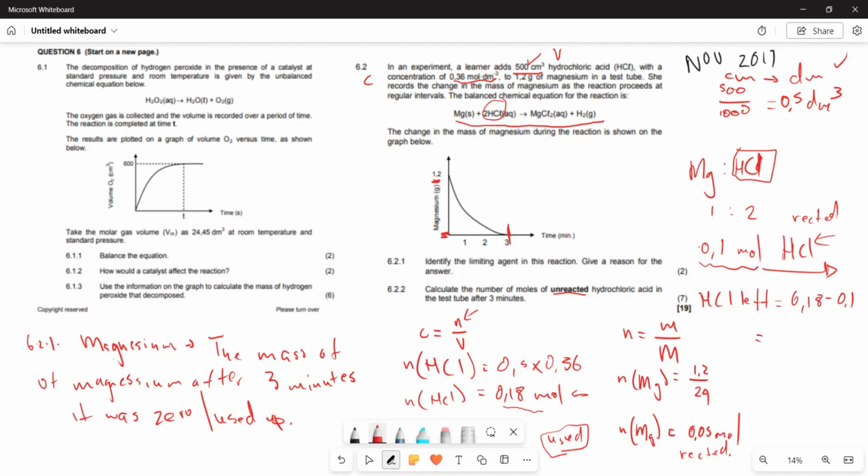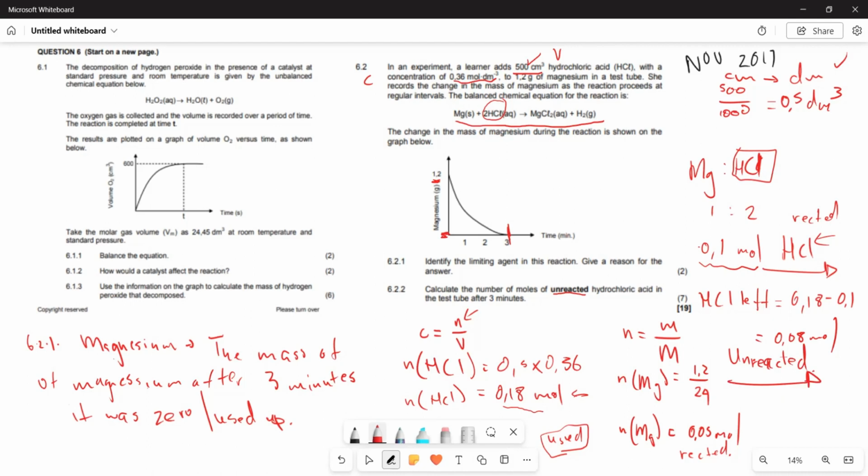And if you then continue, you are going to find an answer, and your answer for this one is going to be 0.08 mole, right? So this is going to be the mole that is left within this particular reaction altogether, or the one that did not react, the unreacted mole. So basically, this is how we are going to deal with these things.